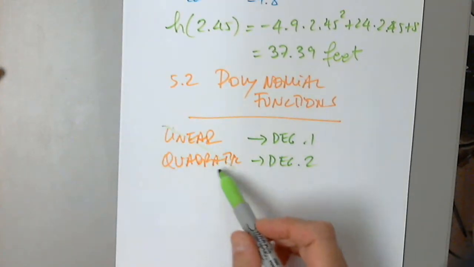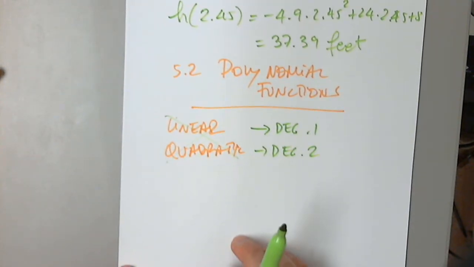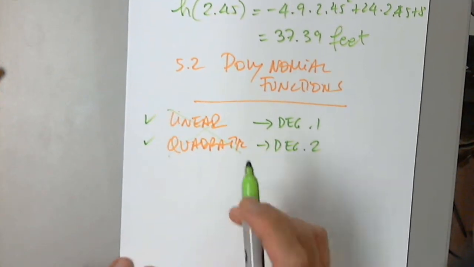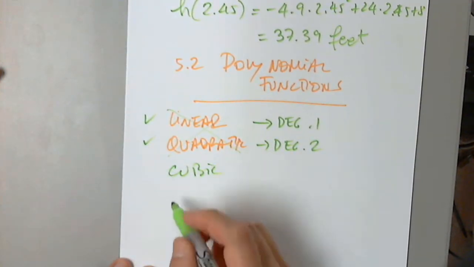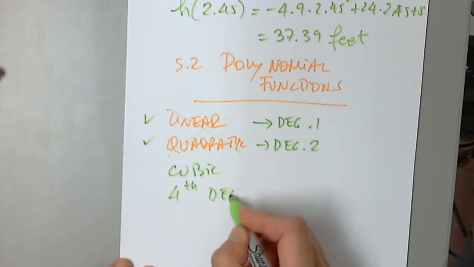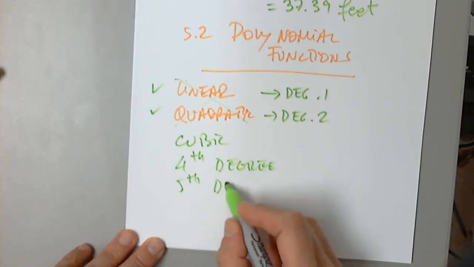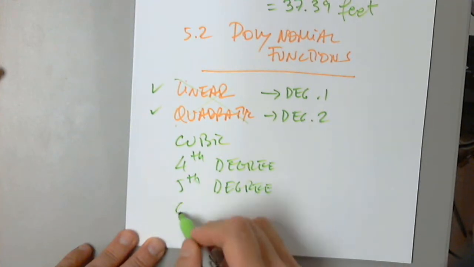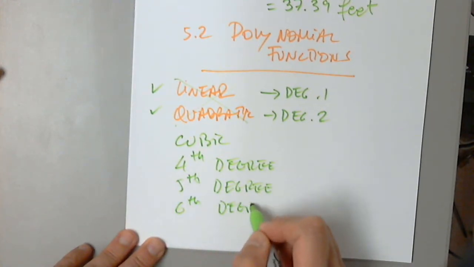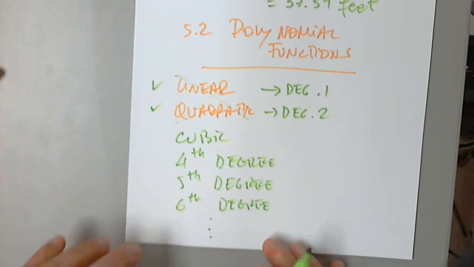But we're not talking about these functions here. These are done. We're talking about cubic, 4th degree, 5th degree, 6th degree, and so on and so forth.